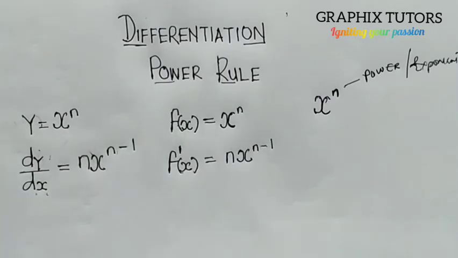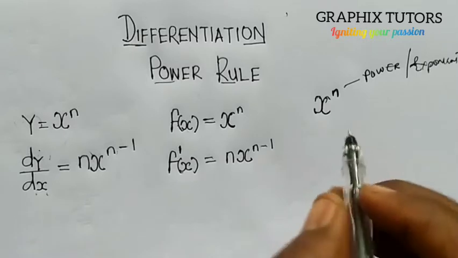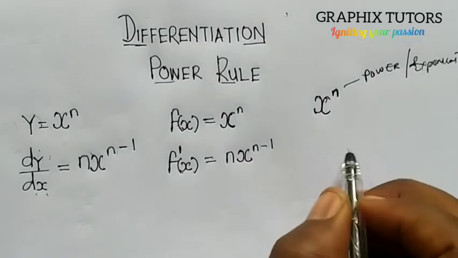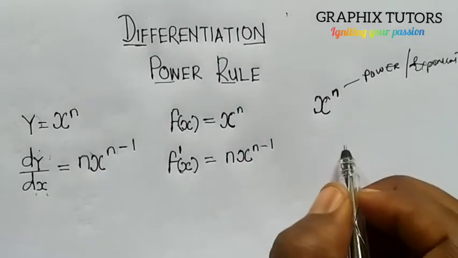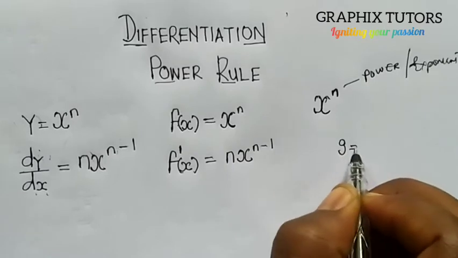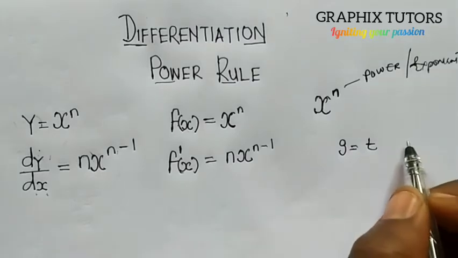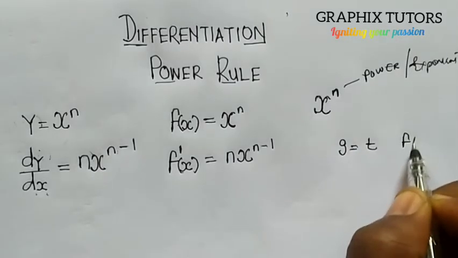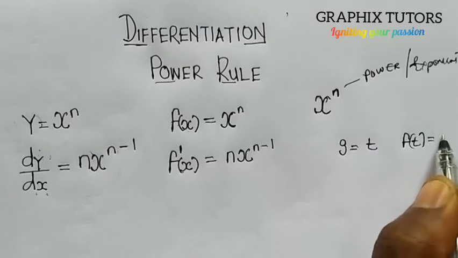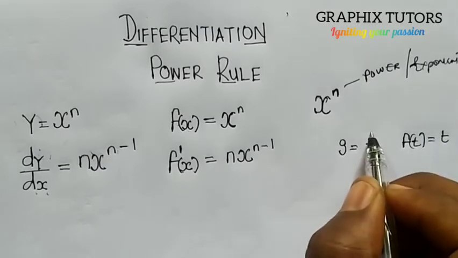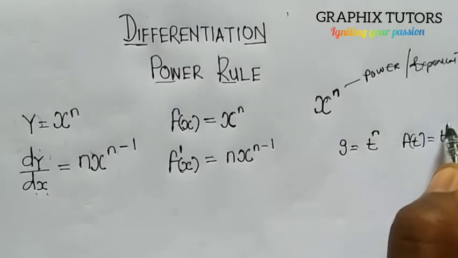And sometimes you might get confused. They might tell you, okay, probably my x is equal to t. So no difference there. It's like saying f of t is equal to t^n, right?